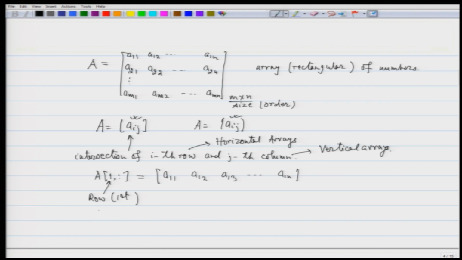Similarly, if I want to look at the second column, the entries are going to look like A12, A22 till Am2. So, as I said, the rows are nothing but horizontal and these are vertical.